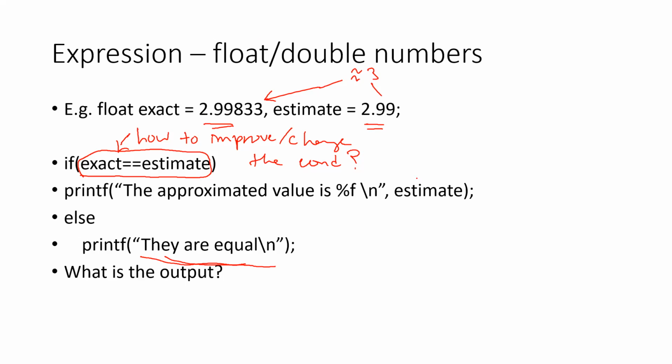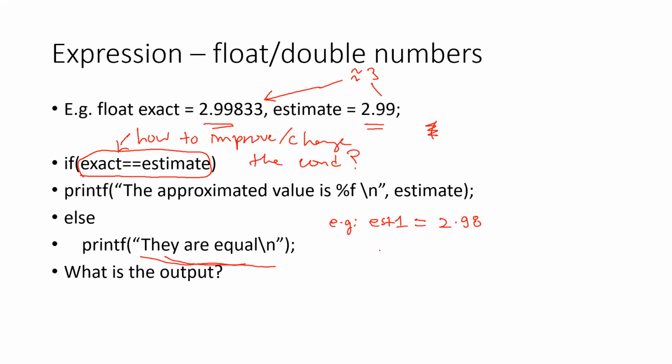Okay, so something like this. Maybe you can do some kind of change. For example, say this is a 2 point, let's say an example. My estimated number one is 2.998, for example.